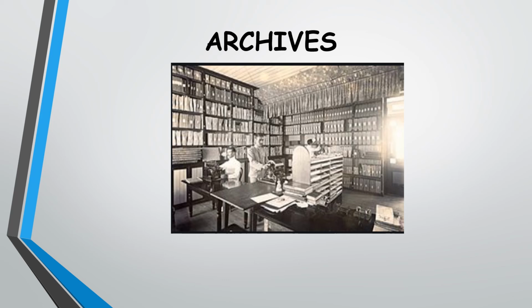Now, apart from this, there was another special place where the historical textual records were preserved. Such special places, like libraries, are called archives. So, archives are the places where documents and manuscripts are stored.